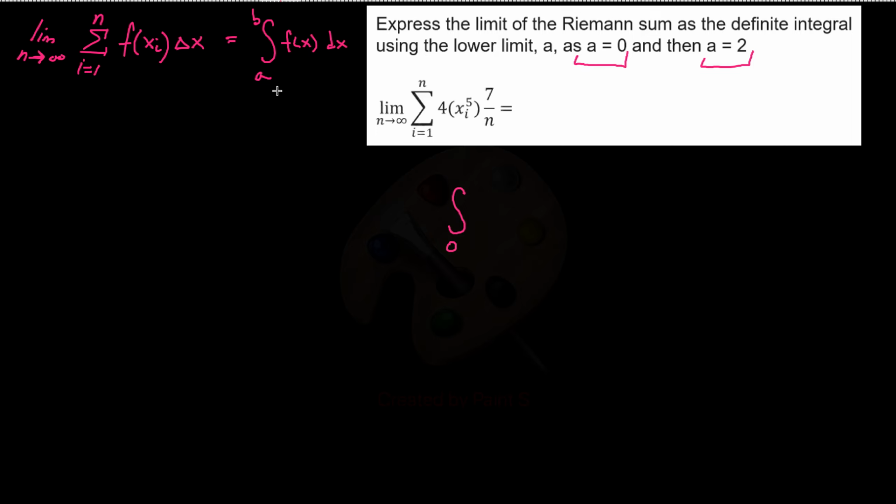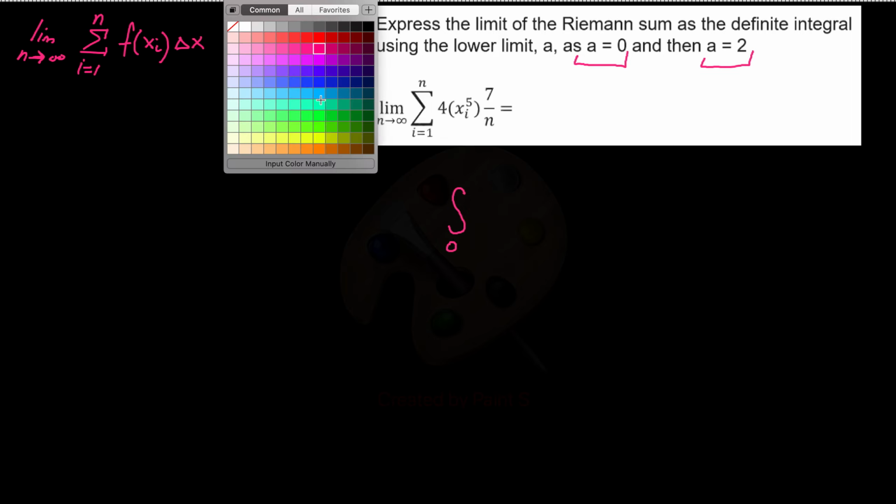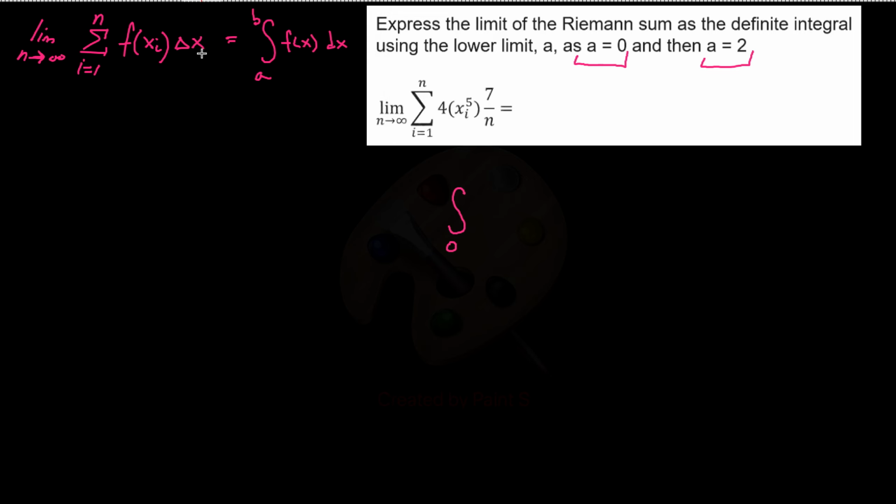We want to see how everything relates. We should see that this delta x just matches with this dx. Now, what's delta x in my case? Let's write down what we have.